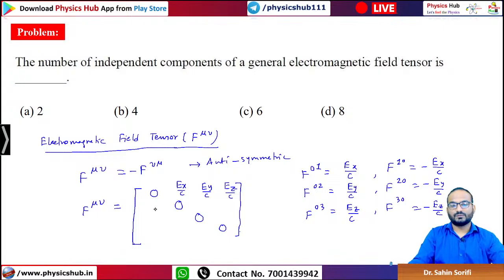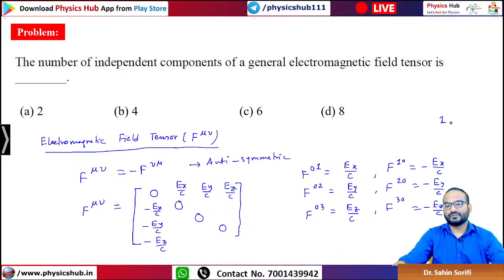So this is 10, minus Ex by c, this is 20, minus Ey by c, this is 30, minus Ez by c.